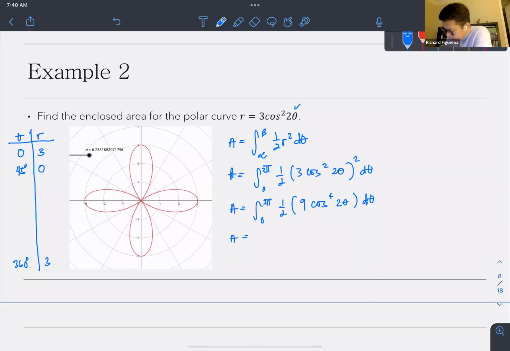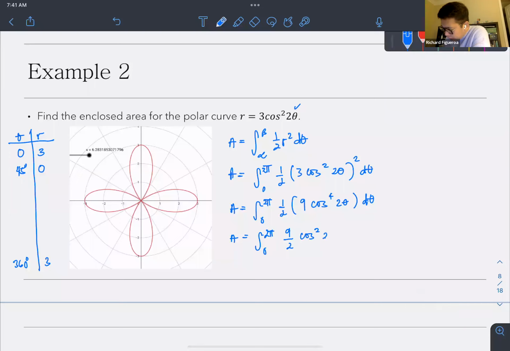So labas niya will be 0 to 2 pi, so 9 all over 2, so cosine to the 4th 2 theta. So for cosine to the 4th 2 theta, so this is even, no? So ang gagawin natin, actually dapat hindi natin siya in-expand. No? So balik natin siya dun sa kanina.